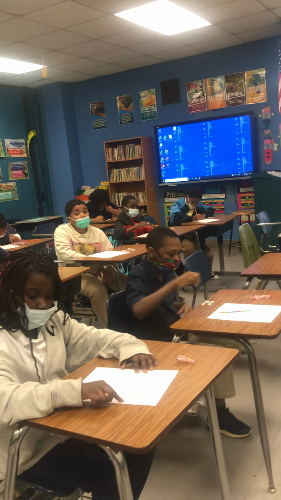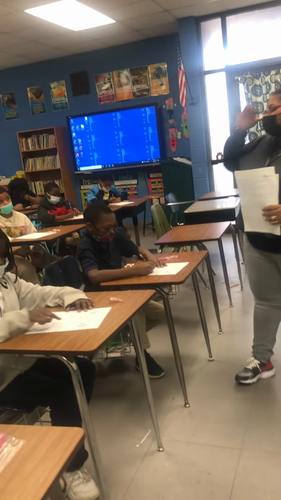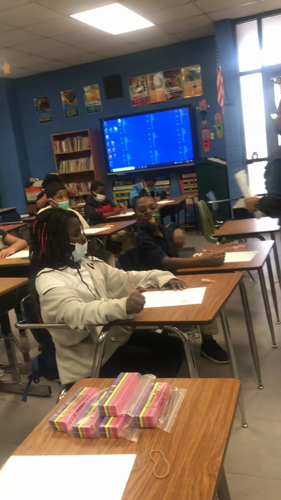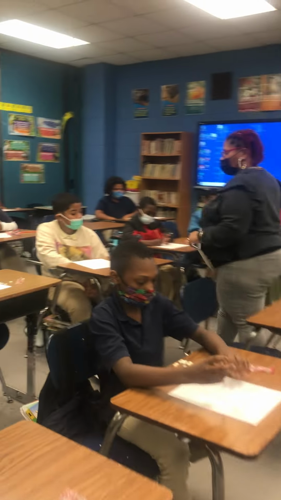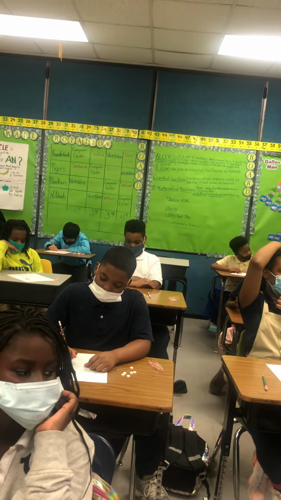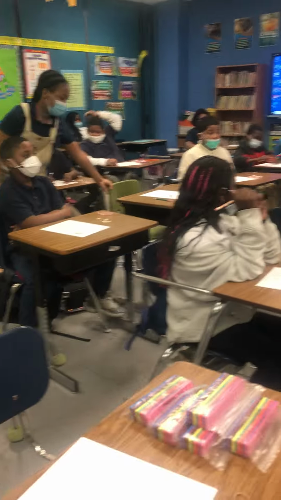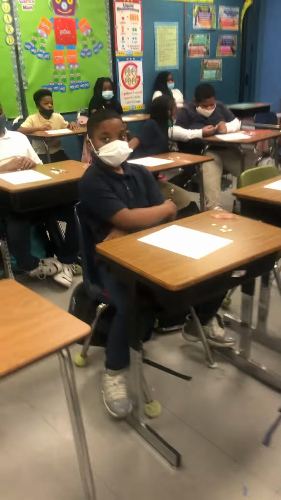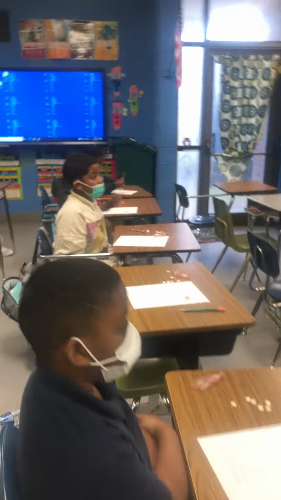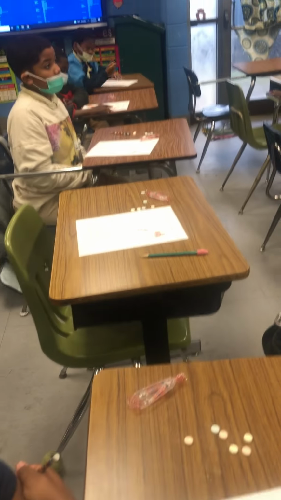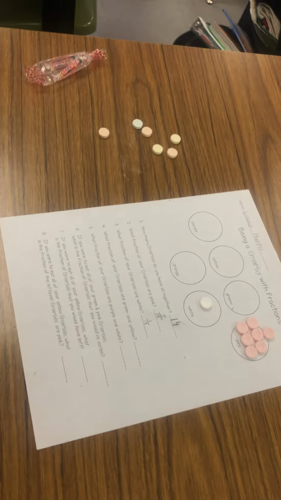Make sure you write these in fractions. You need a numerator and a denominator. If it asks you for a fraction, that means you need a number on top and a number on the bottom. Did you hear that? Write it in a fraction. It should look like this. How many whites do you have? How many pink do you have? 3. Alexander, you have 3. You have the pink ones.